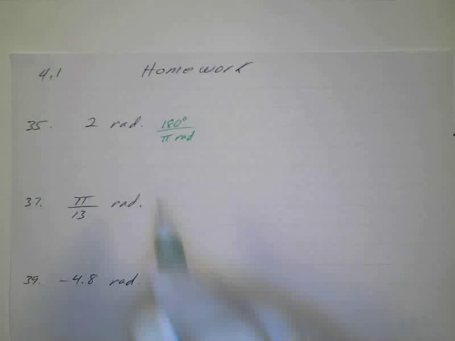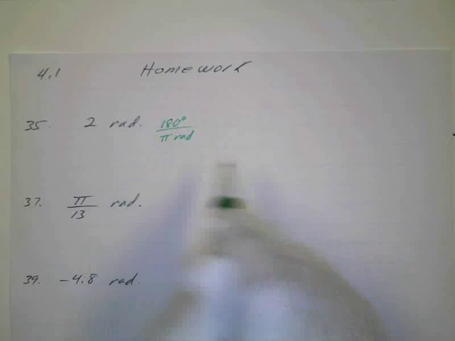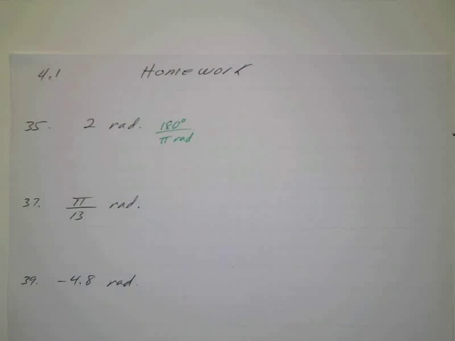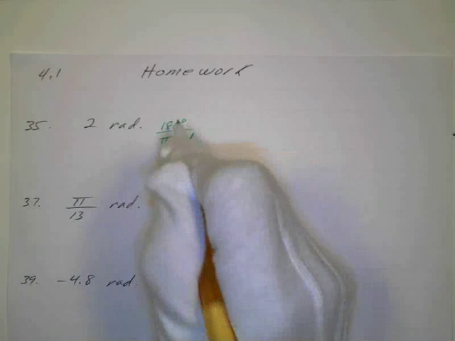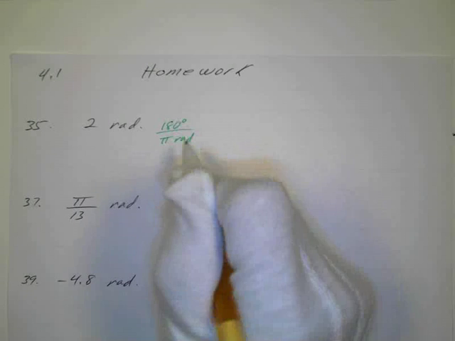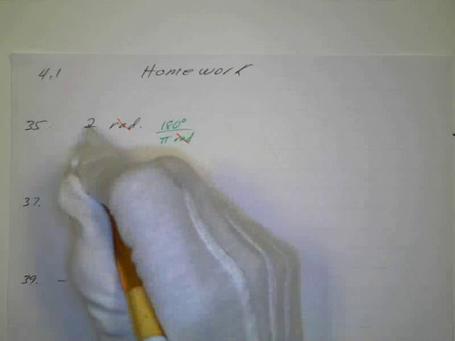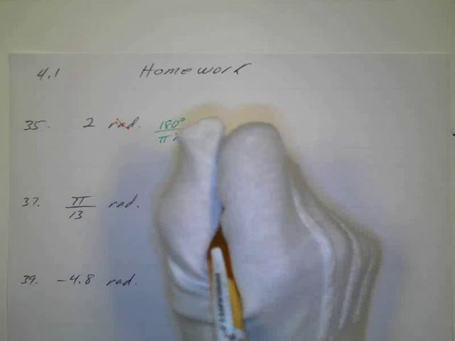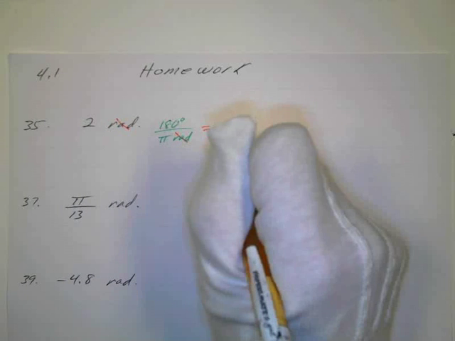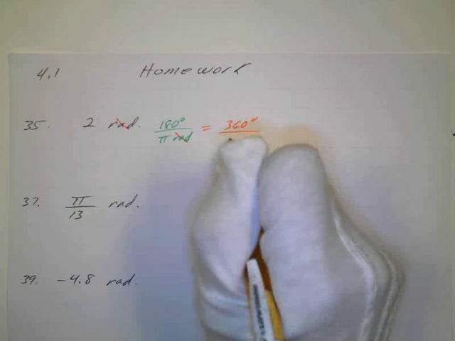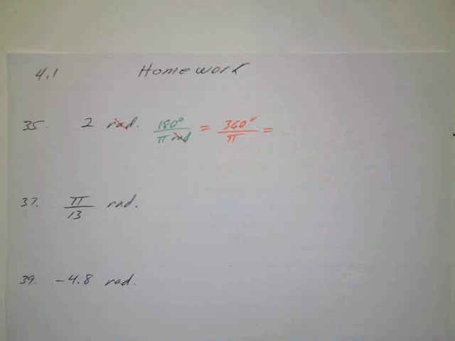And we just want these radians to cancel, so that's why we're going to put the radians in the bottom. It's 180 degrees over pi radians, one on the top, one on the bottom, and you just want to make sure those cancel. And I've got 2 times 180 is 360 degrees divided by pi, and that's going to give me my degrees.